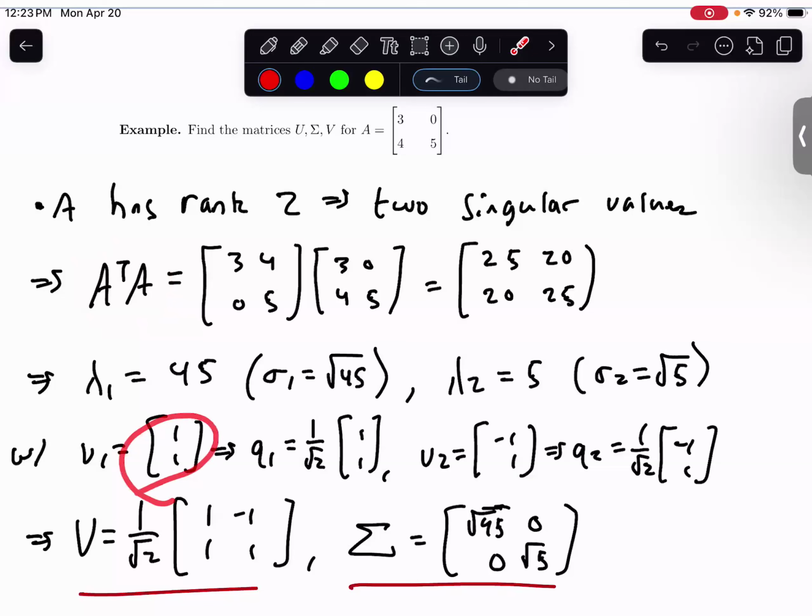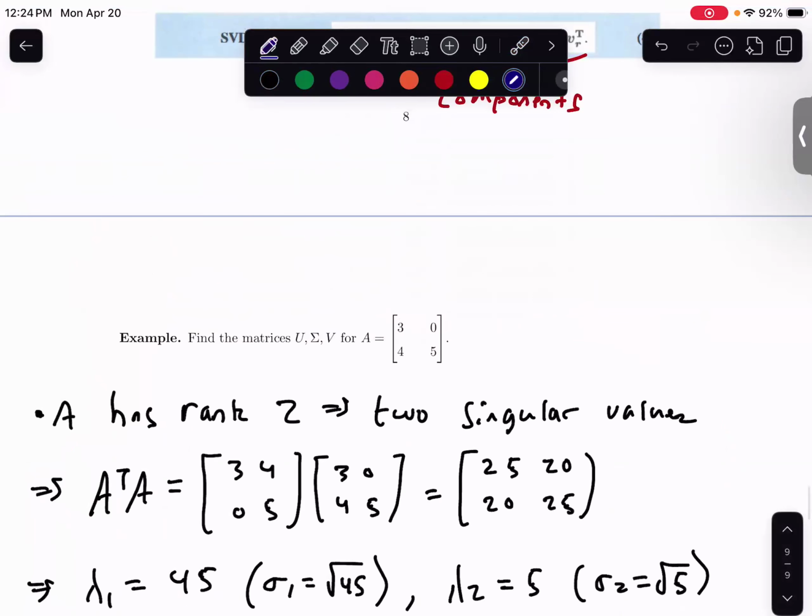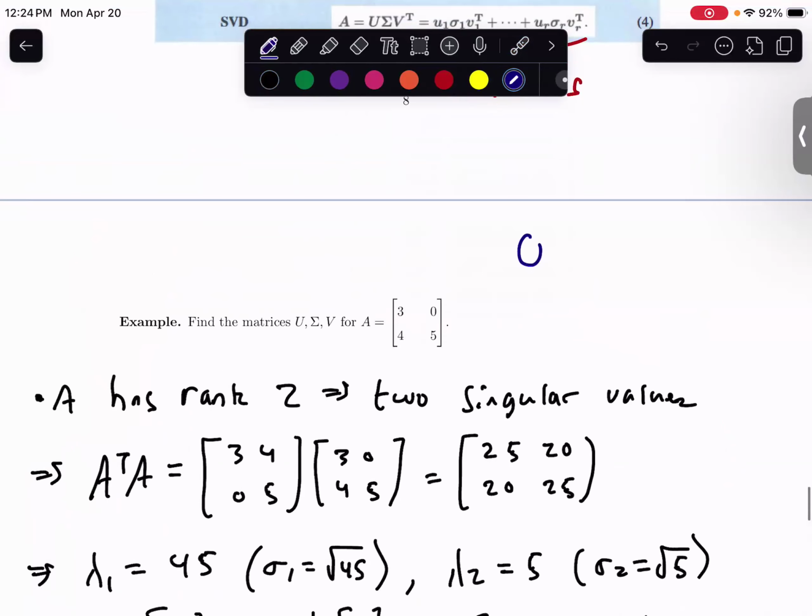So if you take the dot product of V1 and V2, you end up getting 0. And then if you make them orthonormal, so they're unit vectors, what we showed before is that if you take an orthonormal basis and make a matrix out of it, it's going to be an orthogonal matrix. And for a matrix to be orthogonal, you just have to have that Q transpose is equal to Q inverse.